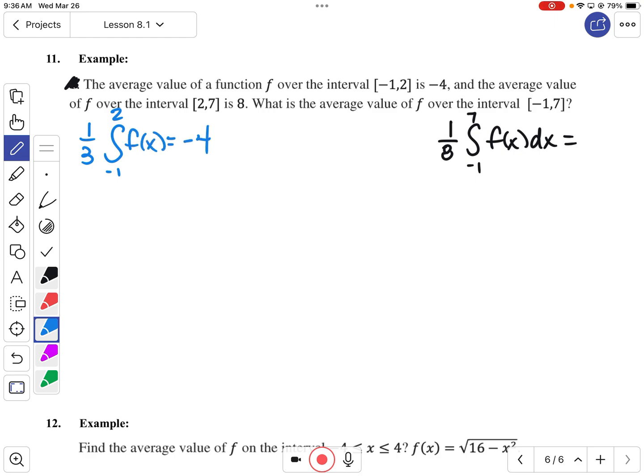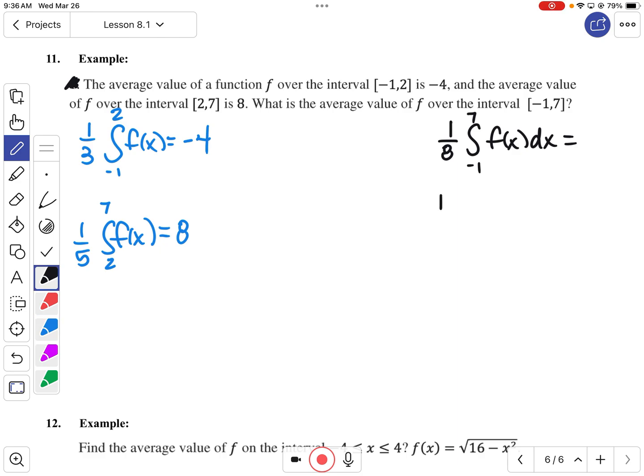The other thing we know is that the average value from 2 to 7, so that would be 1/5, the integral from 2 to 7 of f of x would equal 8. So do we agree about that?